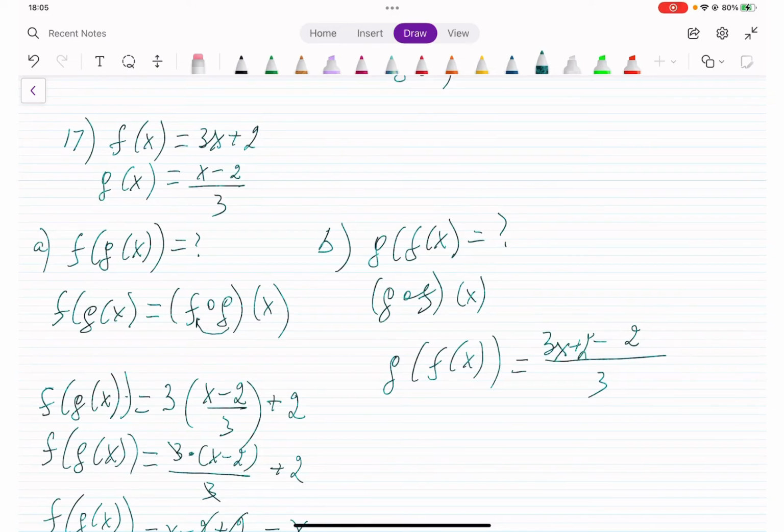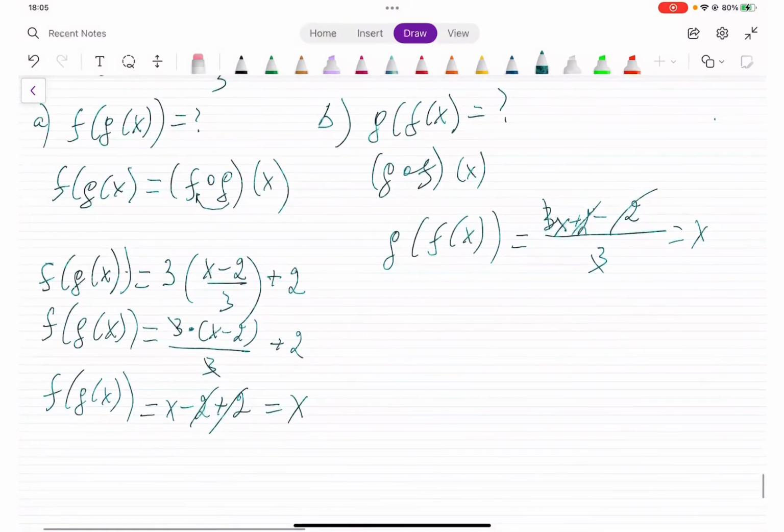Okay, the plus 2 and minus 2 are gone, and 3x and 3, I can cancel this also, and we get x. Look, in both cases we get x, which means we can draw the conclusion that they are inverses of each other, because in both cases I got the same value. That means f of x and g of x are inverses of each other.